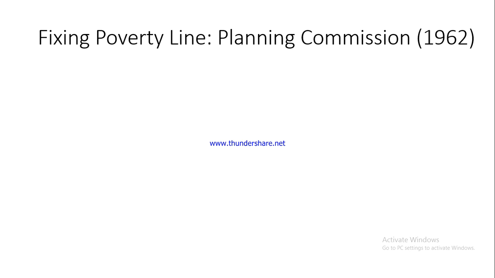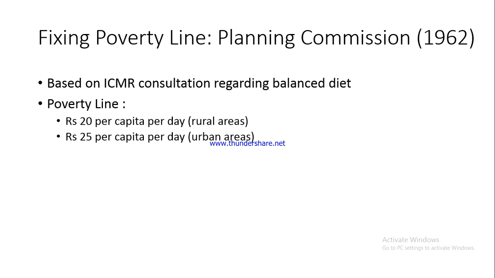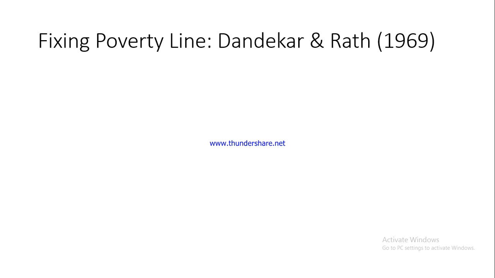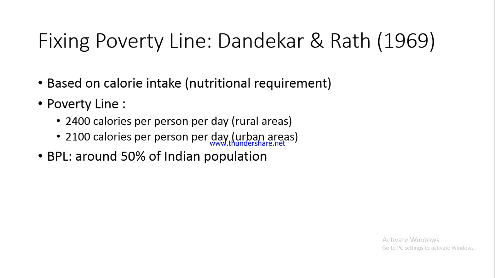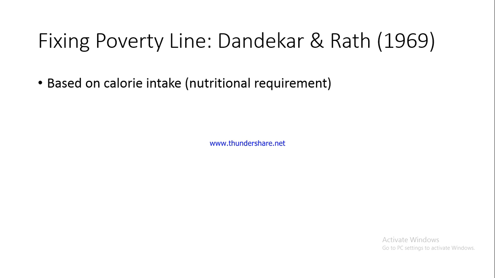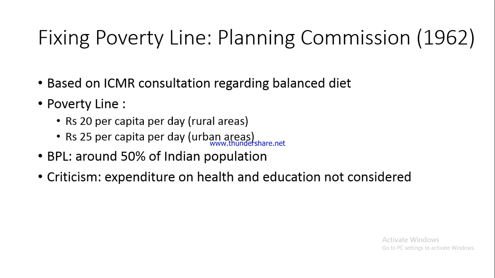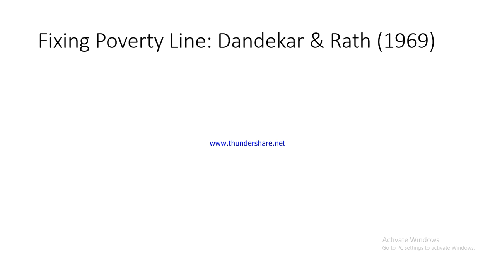We also understood the various methodologies used to fix the poverty line. We talked about the Planning Commission methodology, which was the first one in this aspect. Then we talked about the methodology given by Dandekar and Rath, which was not very different from the Planning Commission methodology because it was basically taking into account the nutrition requirements and food needs of the people.